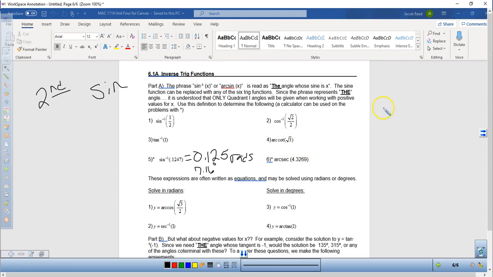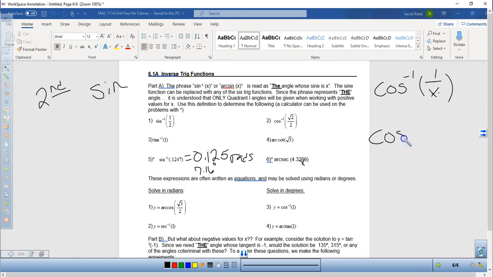Now, arcsecant, the way we're going to work that is we're actually going to use cosine inverse. We're going to do arc cosine, but inside the parenthesis, I'm going to do 1 over x. So this is going to be our x. We're going to do 1 over x and do cosine inverse. Yet again, you're going to do second, but this time hit the cosine button.